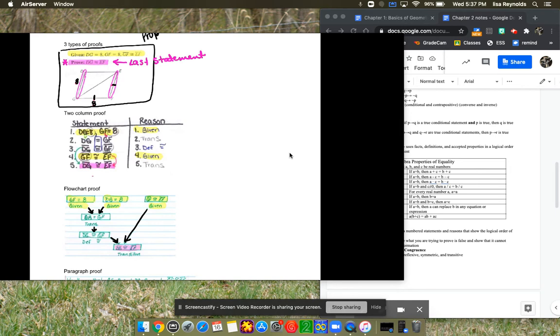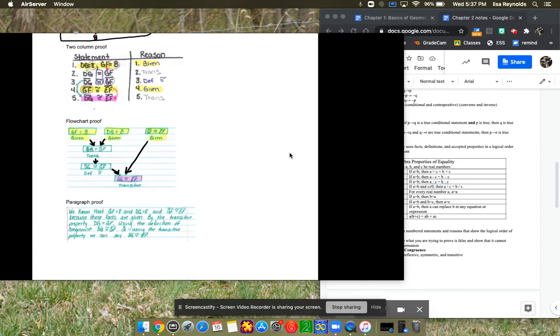So underneath each line is its reason. So the statements are in boxes and the reasons are underneath, and you have arrows showing which statements lead to the next. So instead of having them in a column, you have the boxes that lead to the next.